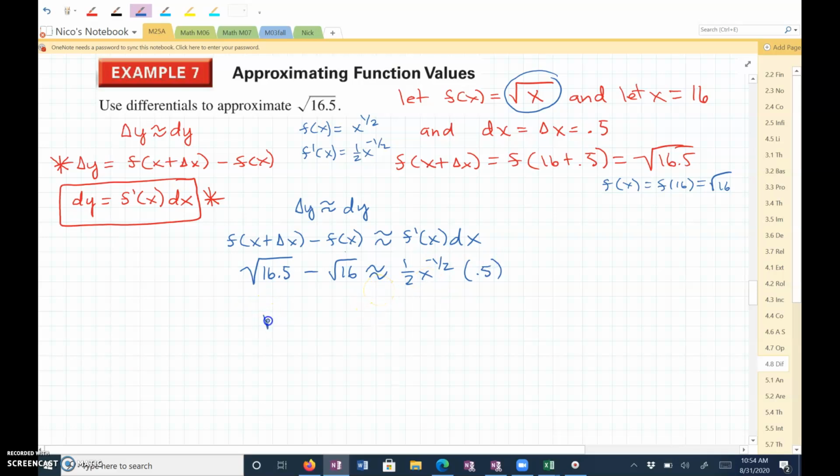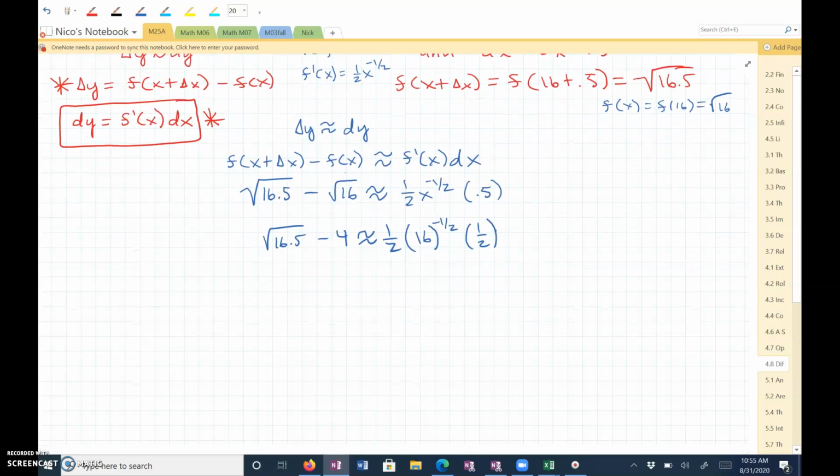So now we have the square root of 16.5 minus 4 is approximately 1/2 times 16 to the negative 1/2 power times 1/2. Then this would be 1/2 all over 16 to the 1/2 power times 1/2.